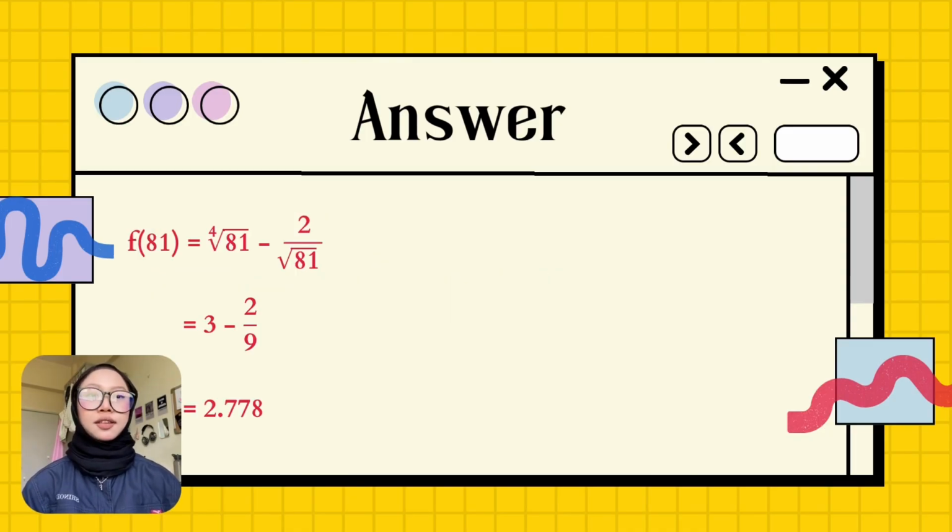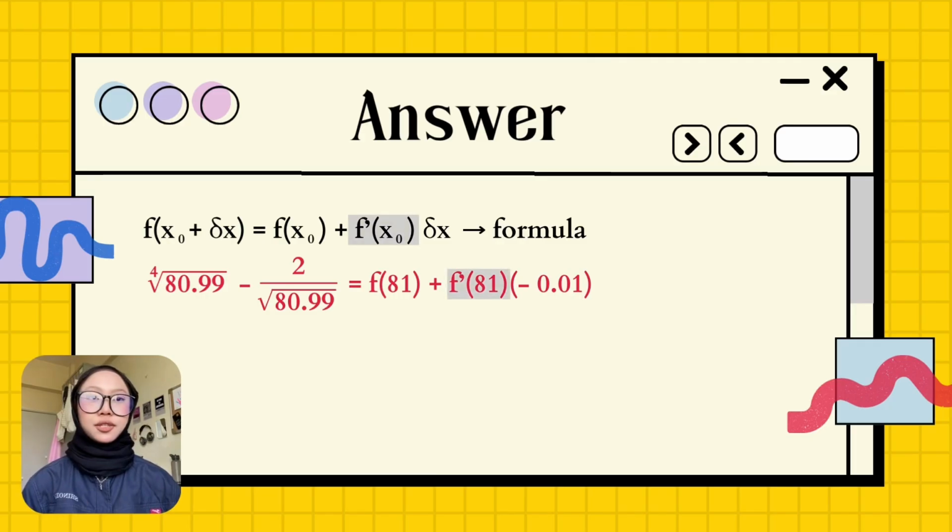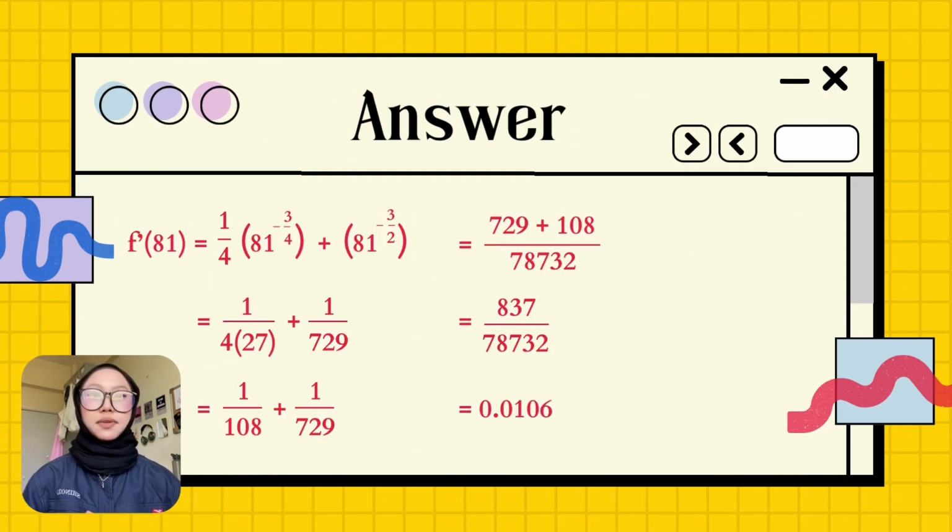As we calculate the value of f(81), we will get the answer as 2.778. Next, we will substitute f prime(x naught). So, our value is f prime(81). Same as before, we need to solve this function first.